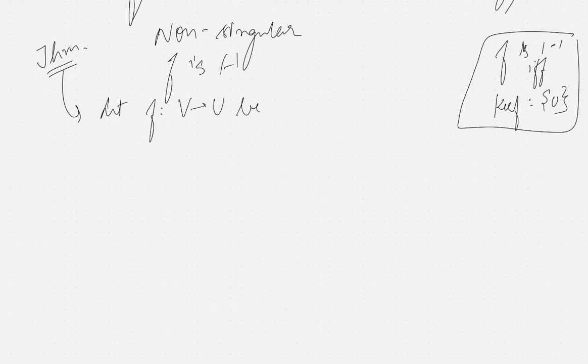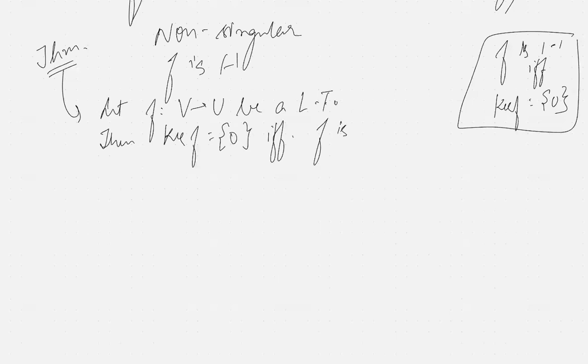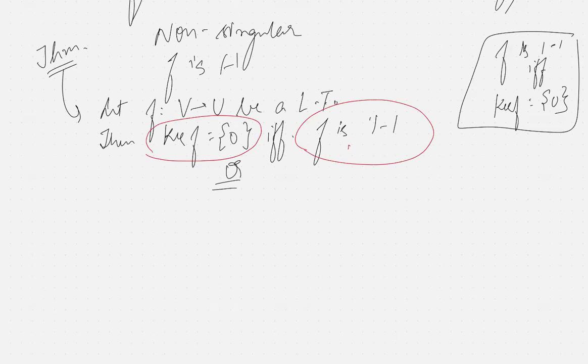Then kernel f is equal to 0 if and only if f is one-one. So this theorem can also be stated as, see, one side in the question we have kernel f equal to 0 and the other side we have one-one. Either of these two implies the other. We know that. Another way of writing is a linear transformation f from V to U is non-singular.